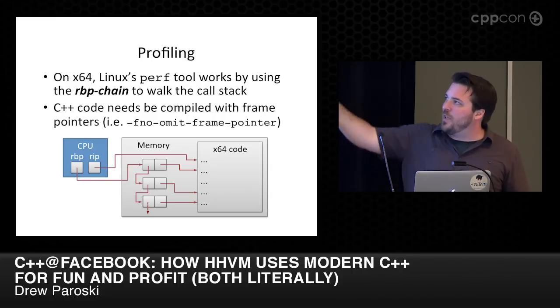So RBP points to the previous frame, and that's another pair: the previous frame pointer and the return address. And so you can get this series of return addresses, starting with RIP, then that first slot up there, then the next one. And then, of course, by taking machine code addresses, you can figure out which functions you're inside, because every function has a range of machine code, so you can consult the table. And that's how Linux's perf tool is able to figure out your call stack.